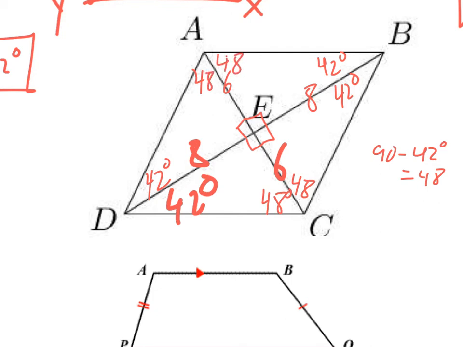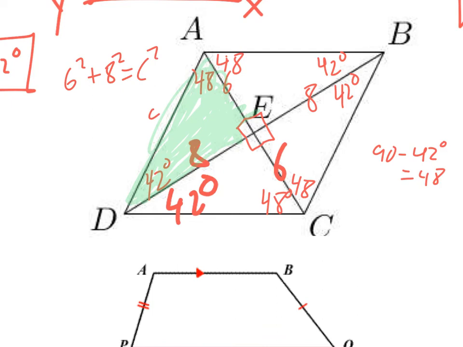Last but not least, we don't know these sides here, the outsides, but we have a right triangle. See that right triangle going on there? This whole triangle is a right triangle, so we want to use that. In fact, they're all the same. There you go, nice scribbly right triangle. They have sides of 6 and 8, so we can say 6 squared plus 8 squared equals c squared.